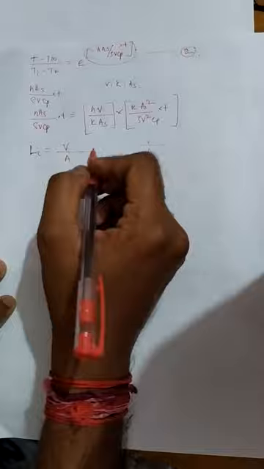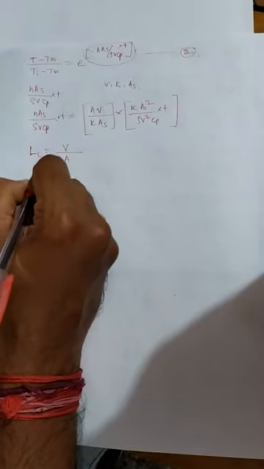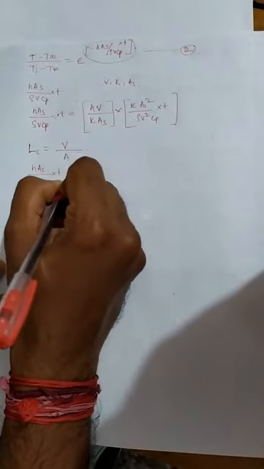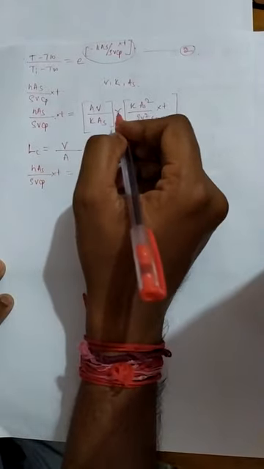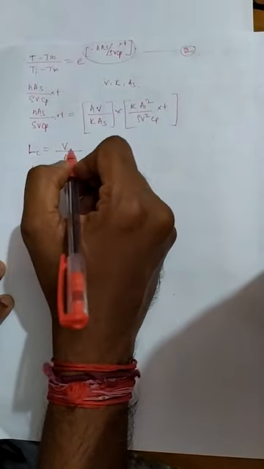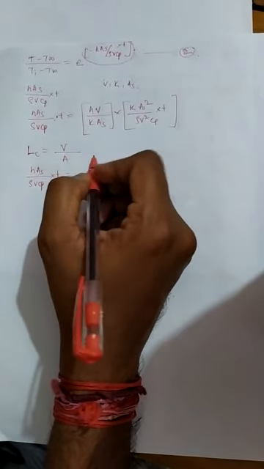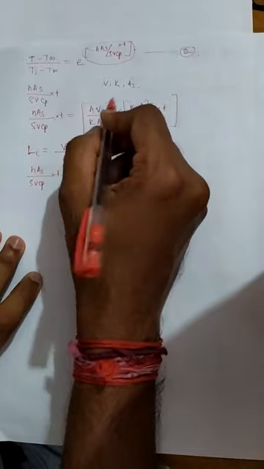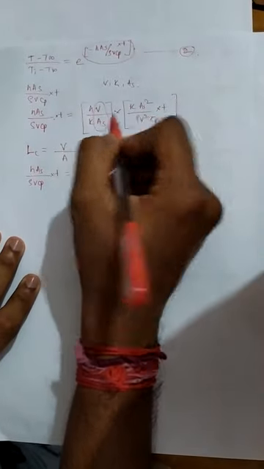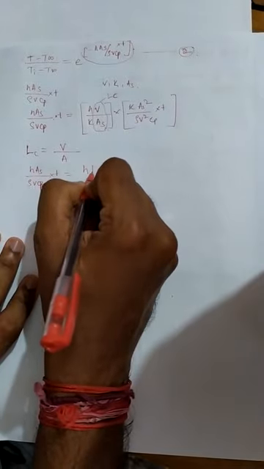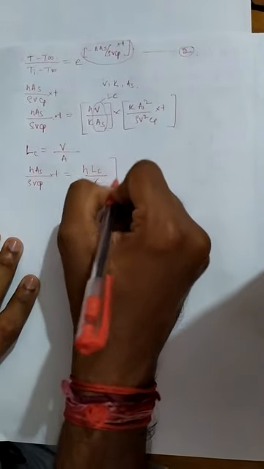So h As divided by rho V Cp into t is equal to h into V divided by As, and this part is called the characteristic length Lc, so h Lc divided by k.